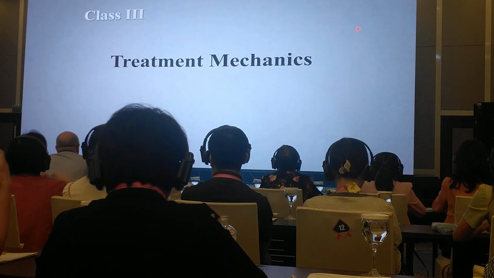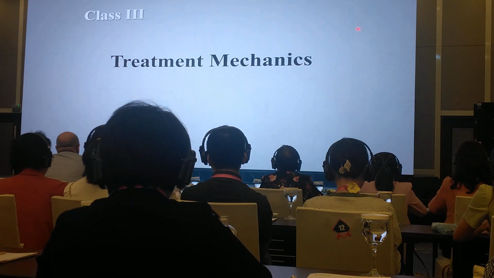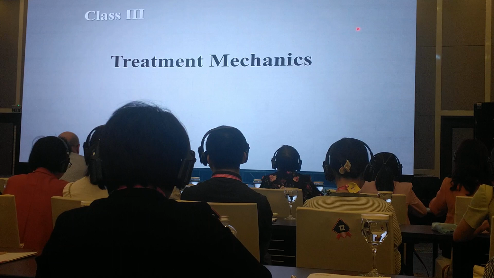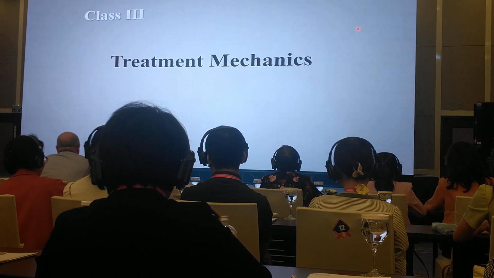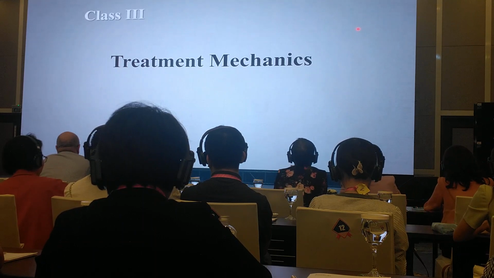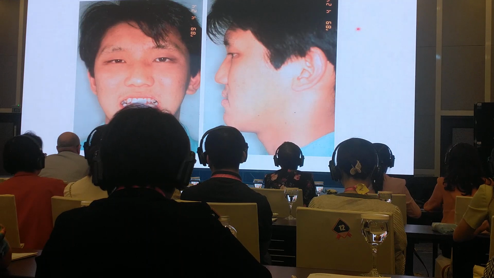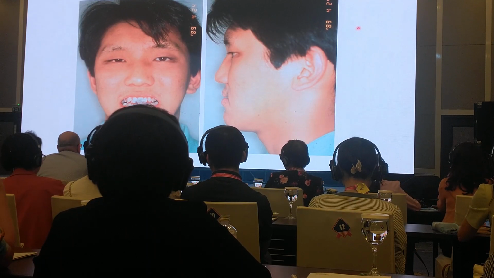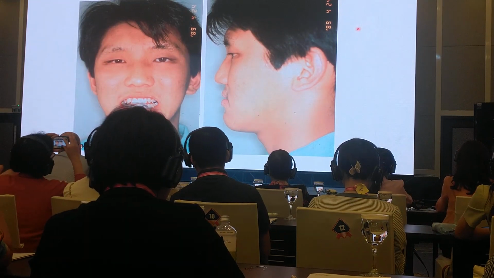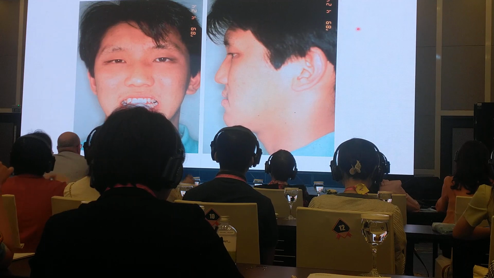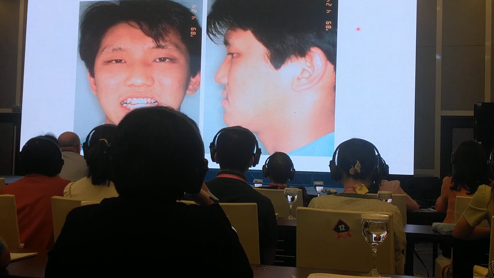Therefore, let's talk about treatment mechanics. Treatment mechanics. This is also very easy. Now, no basic problems. Now, this boy, a 19 years old boy, but actually, when he was young, 7, 8 years old, he was my patient in my department.